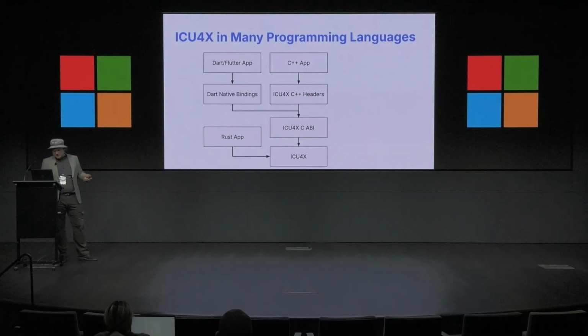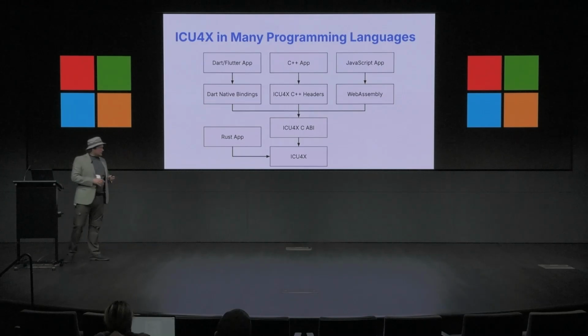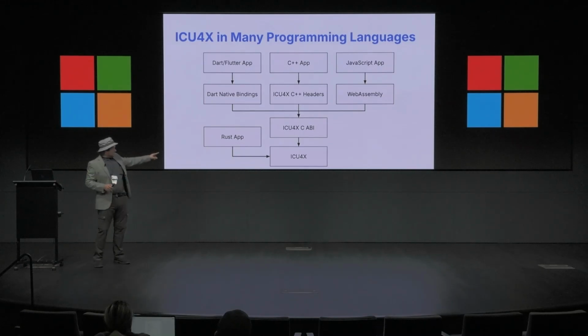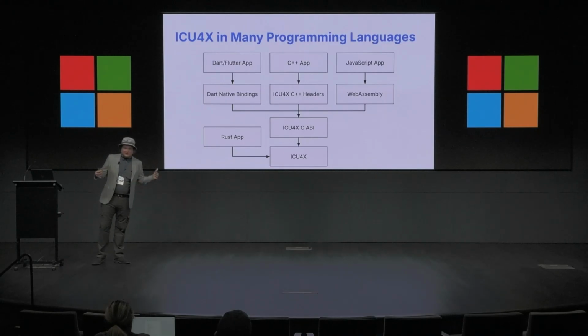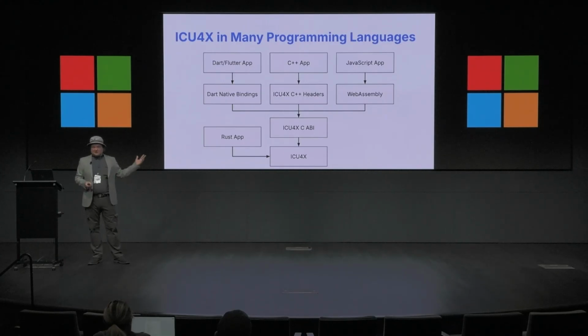The second question was about ABI stability. ICU4X has the C ABI. I'm going to slide halfway back in the presentation to this slide, just to demonstrate. We have a specific ABI that sits on top of ICU4X, and this is a C ABI, which means that you can use it as a DLL.